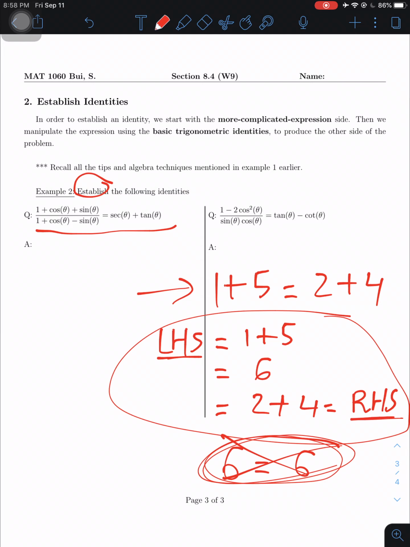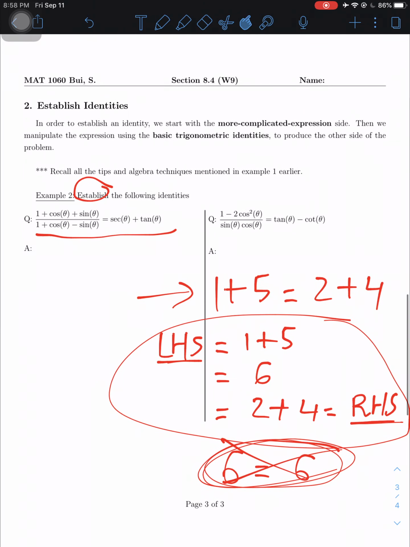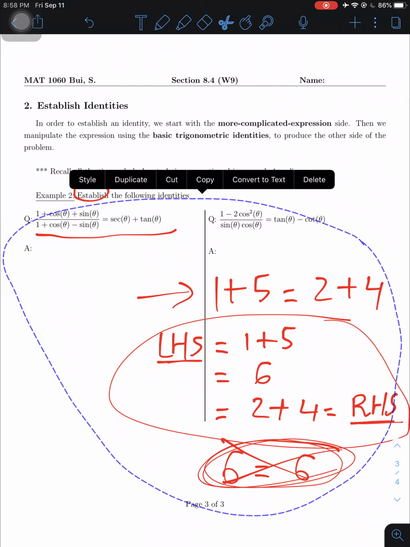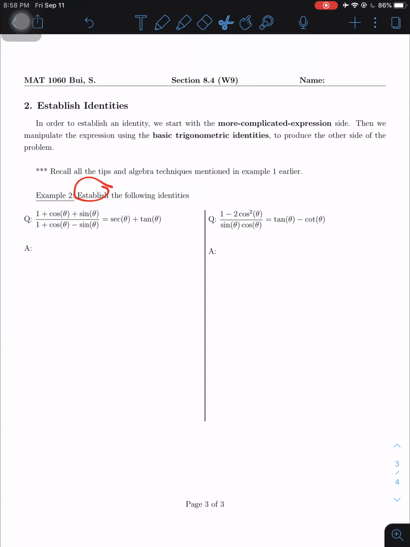Okay, so let me take this picture out and then let me show you how the actual work will look. All right, so for my part, I always advise you guys to start from a more complicated side. So in here, this is the left hand side and this is the right hand side, right?